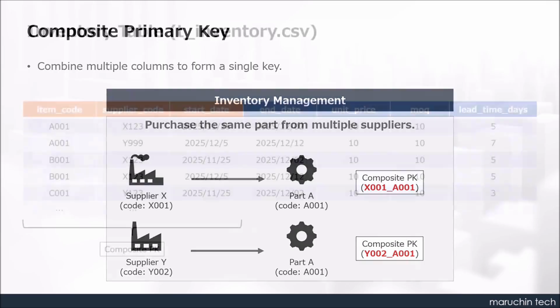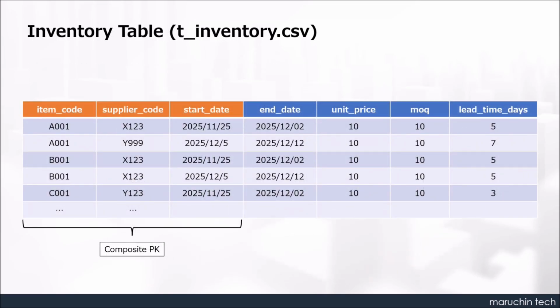Looking at the RobotX sample data, we need to set the composite primary key for the inventory table. For example, part A001 is manufactured by two different suppliers, X123 and 1999. If you search for unit price or order quantity using only A001 as the key, you cannot distinguish which supplier manufactured it.